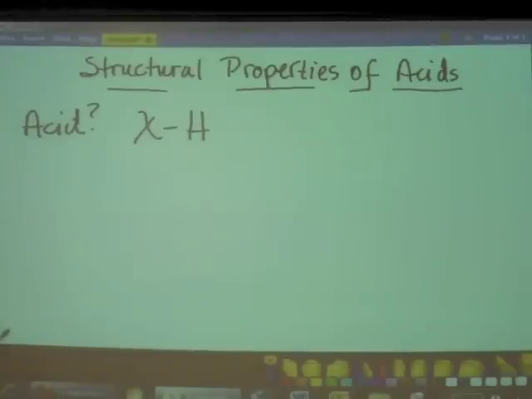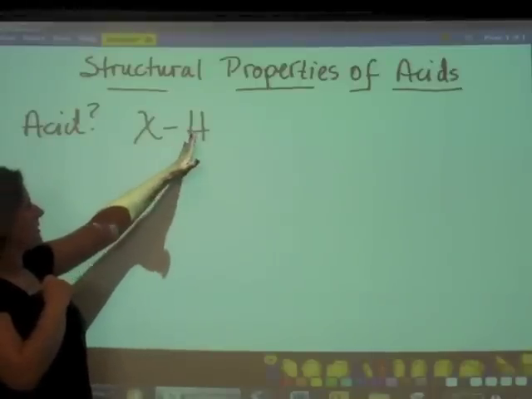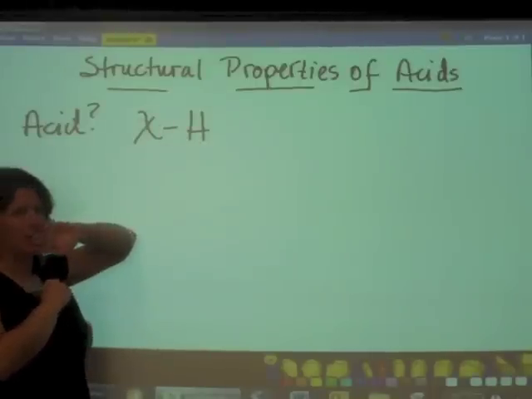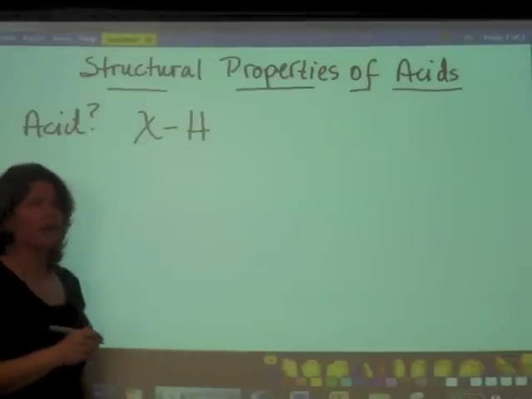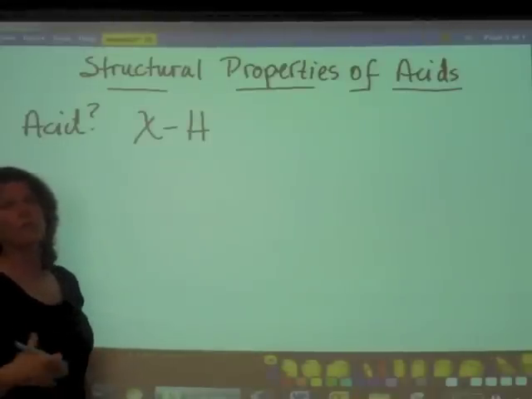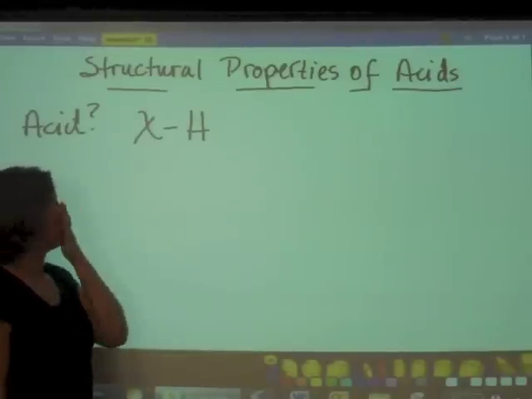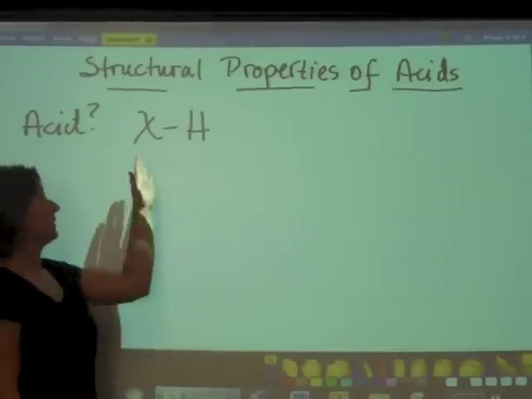So the question we have to ask is, when does this hydrogen bonded to something else, when do we say that this thing is going to act like an acid and it's going to donate that hydrogen ion or that proton to the solution? Well, the answer lies in polarity.